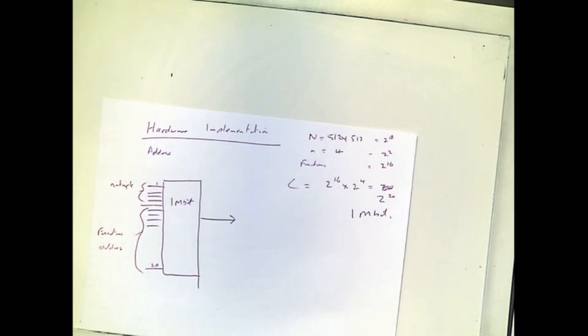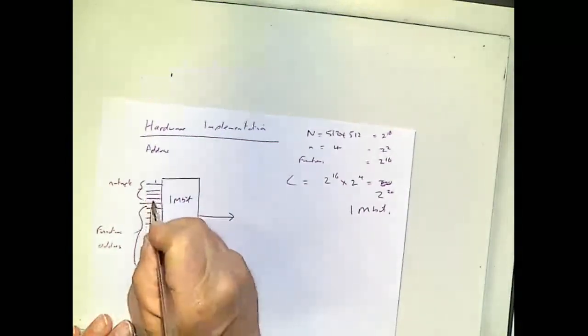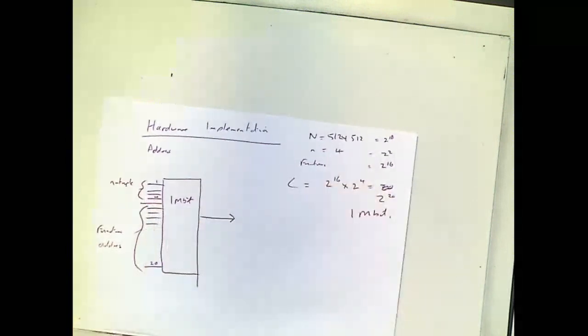How many functions can I put in that memory, and how do I organize it? 20 address lines. I'm putting 4 of them to the n-tuple size, because that's what I've given you. It leaves 16 for the function address.